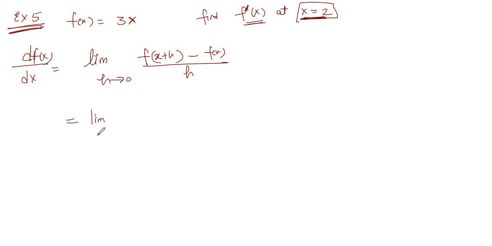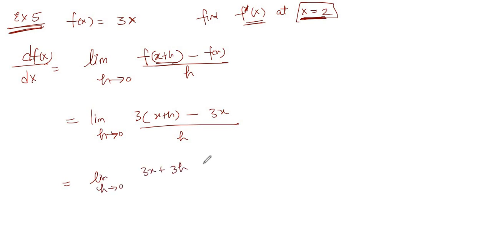Limit h tending to 0, f(x+h) will be 3(x+h) minus 3x by h. So what we got is limit h tending to 0, (3x + 3h minus 3x) by h. 3x cancels. Correct? So here h and h cancel.